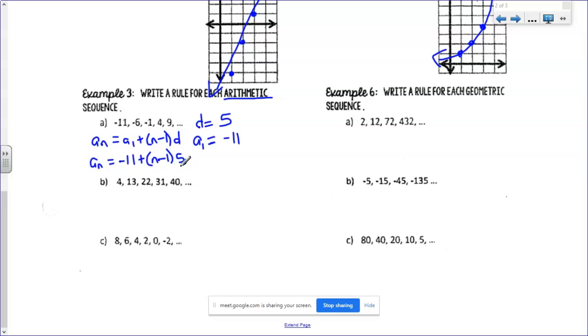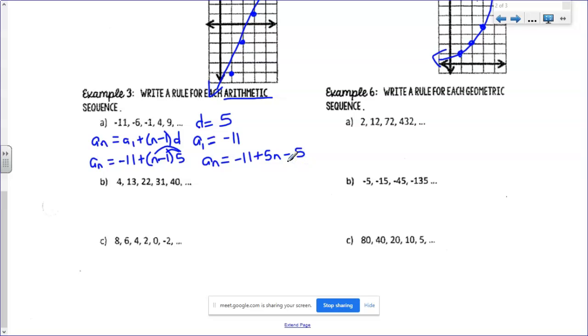Okay, does everybody understand that so far? Okay, so then I'm going to simplify this. What would I do first to simplify this? This is the same thing we did at the beginning of all of Algebra 1. I do parentheses first. I'm going to distribute. And so I get a subscript n equals negative 11 plus 5n minus 5. Does that make sense?